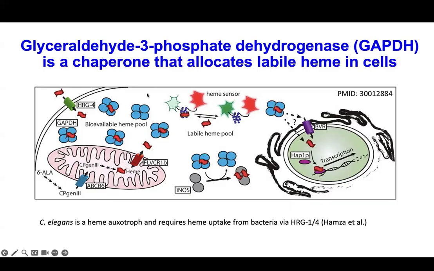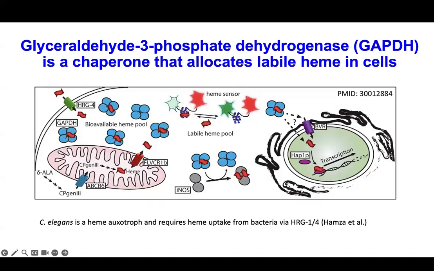And so one crucial heme trafficking regulator is the well-known protein GAPDH. This is a protein canonically known to be important for glycolysis, but has a moonlighting function as a heme chaperone to help the trafficking of heme throughout the cell to the target.